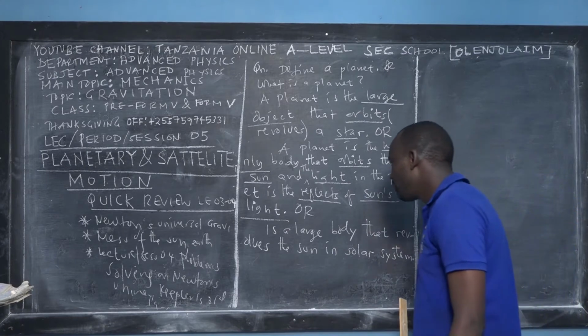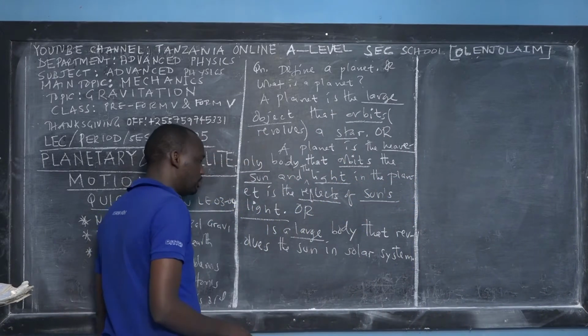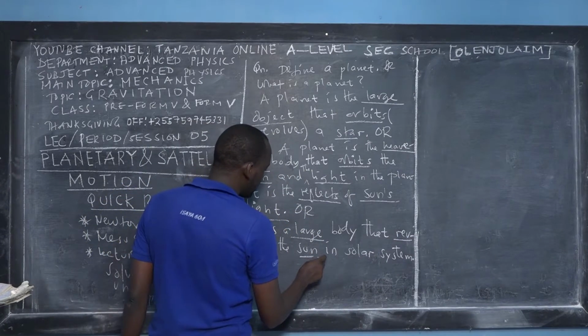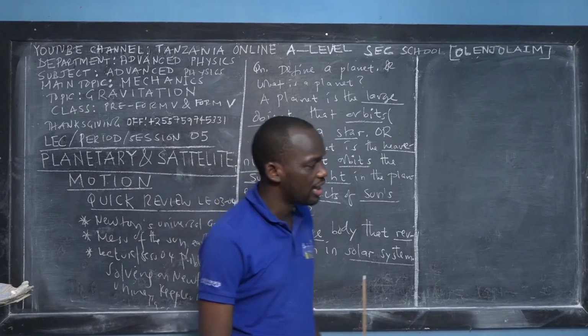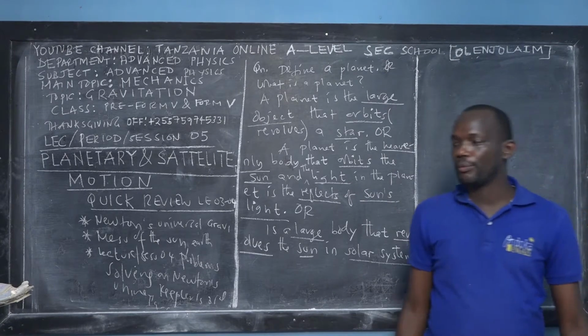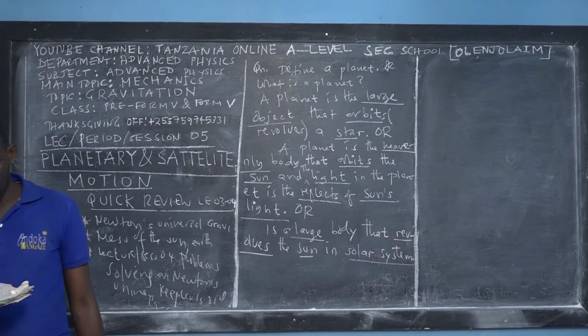And then the third definition says that a planet is a large body that revolves around the sun in the solar system. So all three definitions are important and also relevant. So you have to make sure that you understand them. Again, we can mention some of the planets that have been discovered in the world.